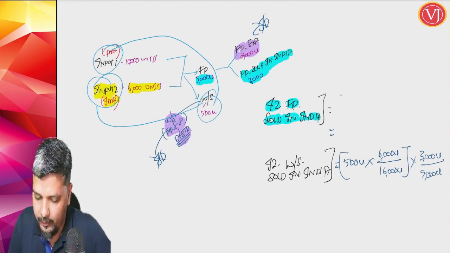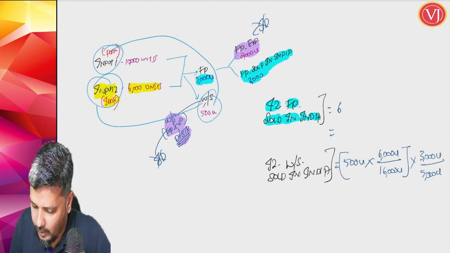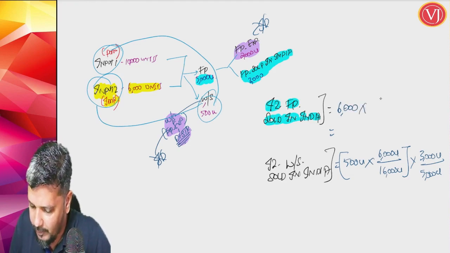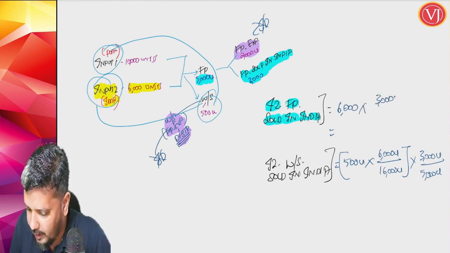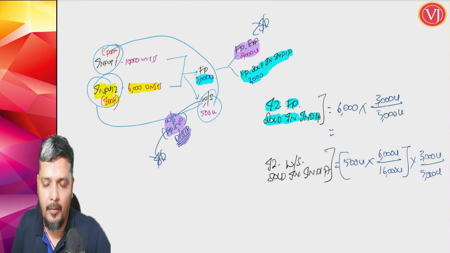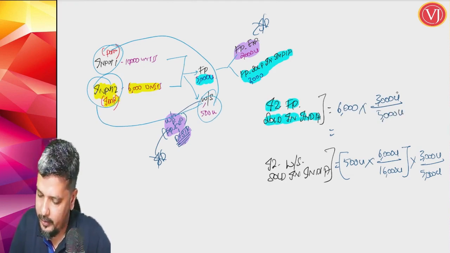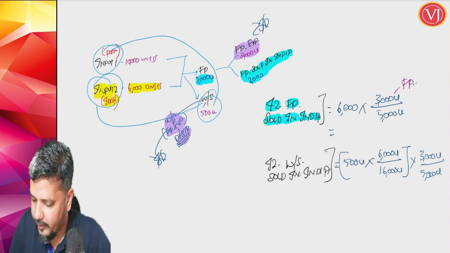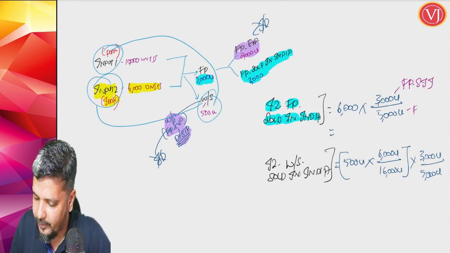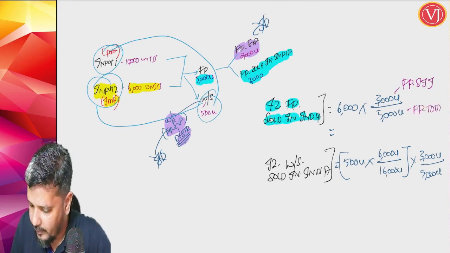What is the total quantity of input 2? 6,000, multiplied by the quantity of final product sold in India divided by the total final product. So here you go with final product sold in India divided by total final product. Correct.